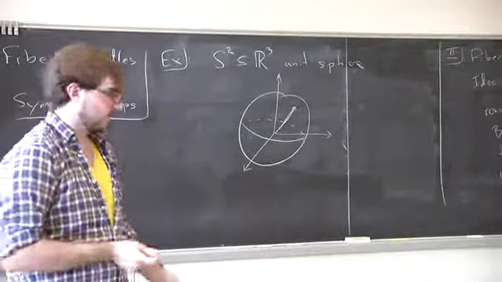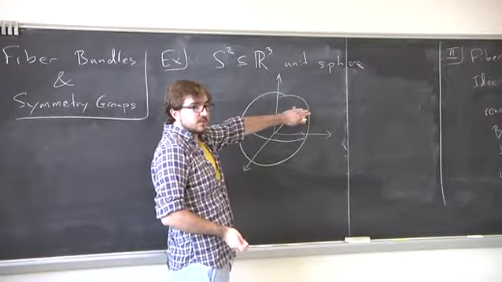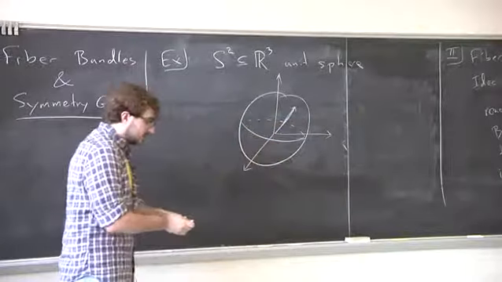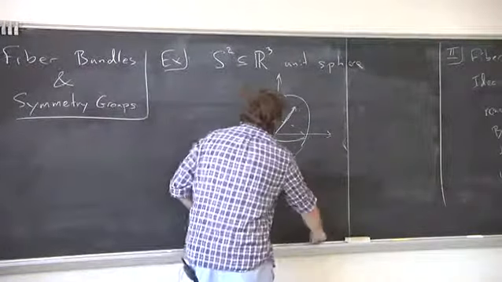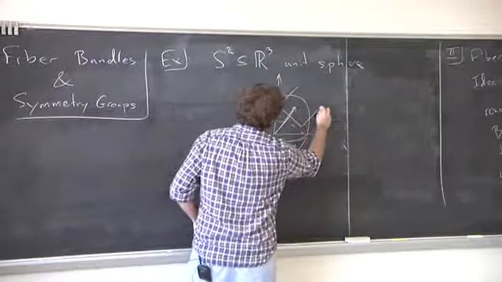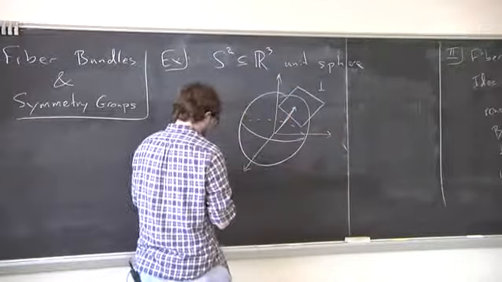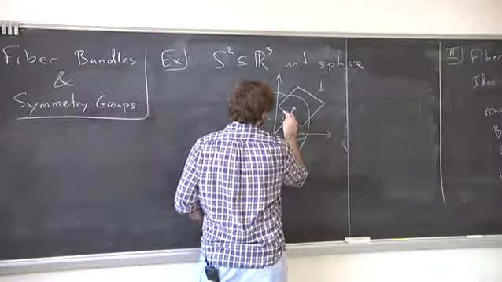Cool? Okay. There's a two-dimensional vector space associated to this vector, which is just the perpendicular plane. So this is the perpendicular plane to V.